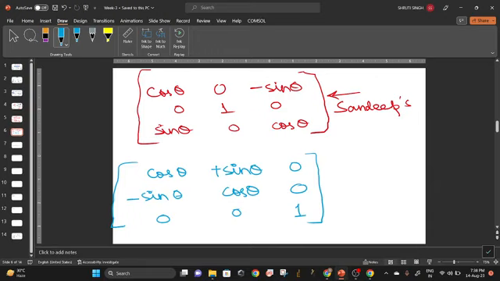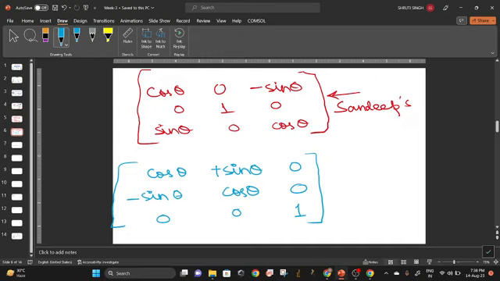You are telling that x is common in both of them, so no change should happen to x. No, ma'am. When we rotated about z-axis, the matrix which came, the x-axis was transformed to x1 cos theta plus y1 sin theta.